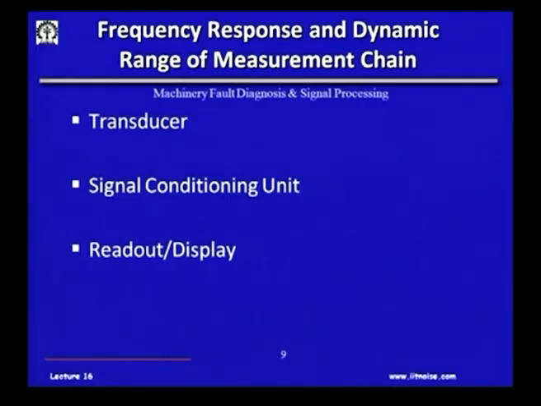That is the important mistake people make, and we will discuss that in the subsequent classes when we talk about transducers. So, we have to keep in mind the frequency range and the dynamic range of the measurement chain, and dynamic range is nothing but the ratio of the highest to the lowest values which the same sensing element can sense. Okay.